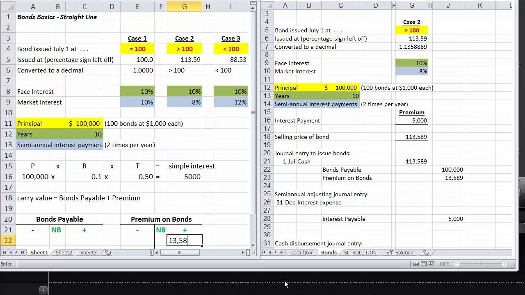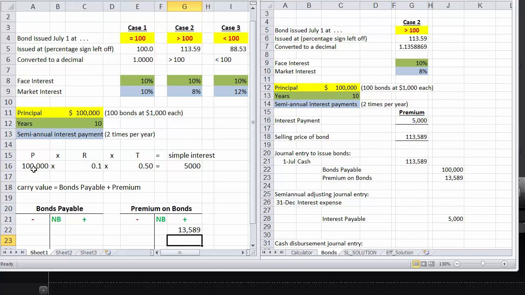Now, because this is 10 years and it's twice a year, we're talking about 20 payments. So we're going to take the $13,589 and divide it by 20 payments.